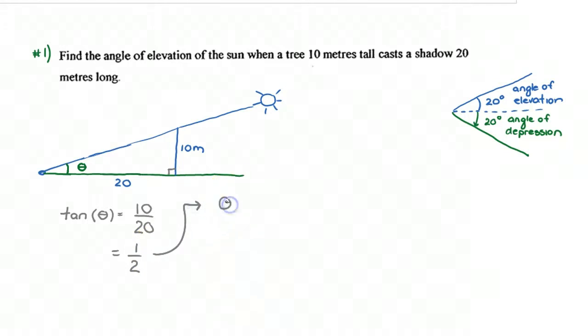So therefore, theta is equal to tan inverse of 1/2. So theta is approximately equal to tan inverse 1 divided by 2. I get about 26.565 degrees.